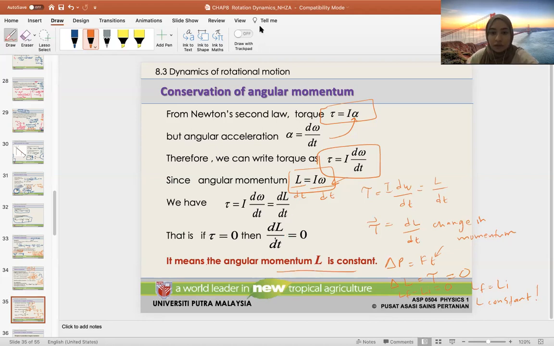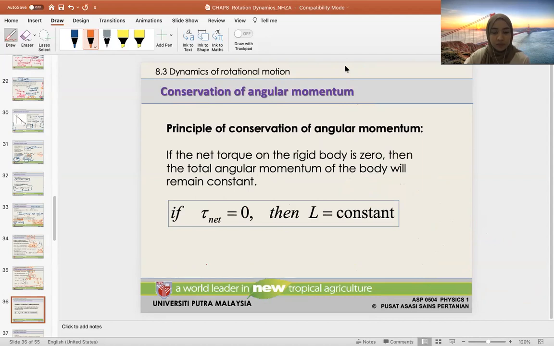This is called the conservation of angular momentum when torque is equal to 0. That's the only thing you need to remember. What is the equation for L? L is I omega. So if net torque equals 0, then L is constant, or you have the conservation of angular momentum.